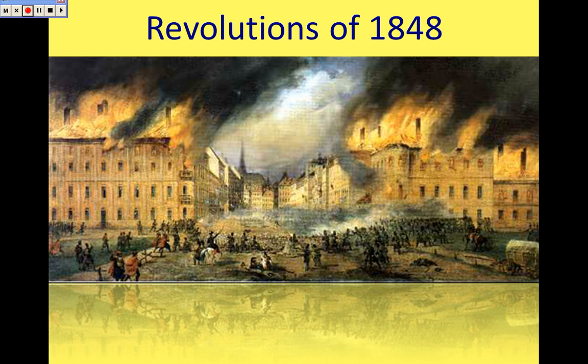These revolutions spread all throughout Europe. They kind of start in Paris with people resistant to Louis Philippe, feeling like he isn't responsive to them. And they spread throughout the Germany area. They spread into Austria and Hungary with people all over Europe saying this is our chance to fight for more rights, to fight for more freedoms from our powerful oppressors.